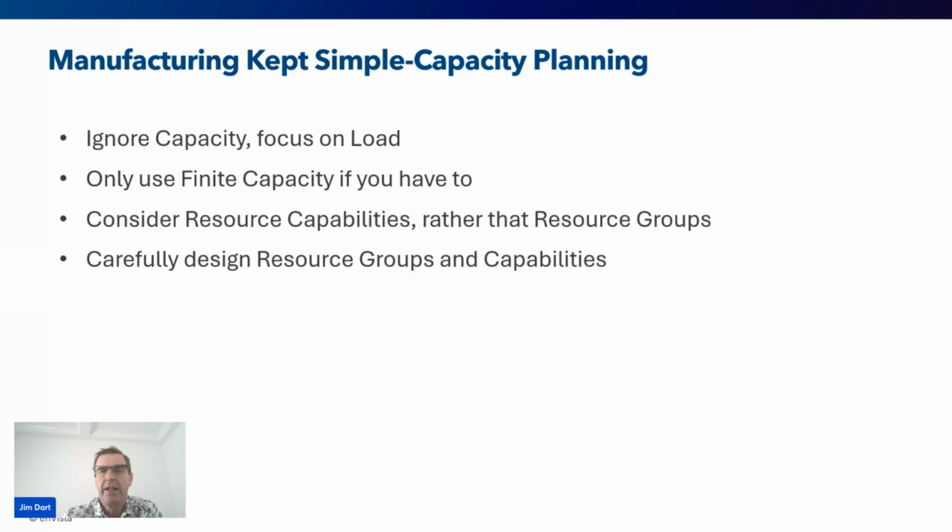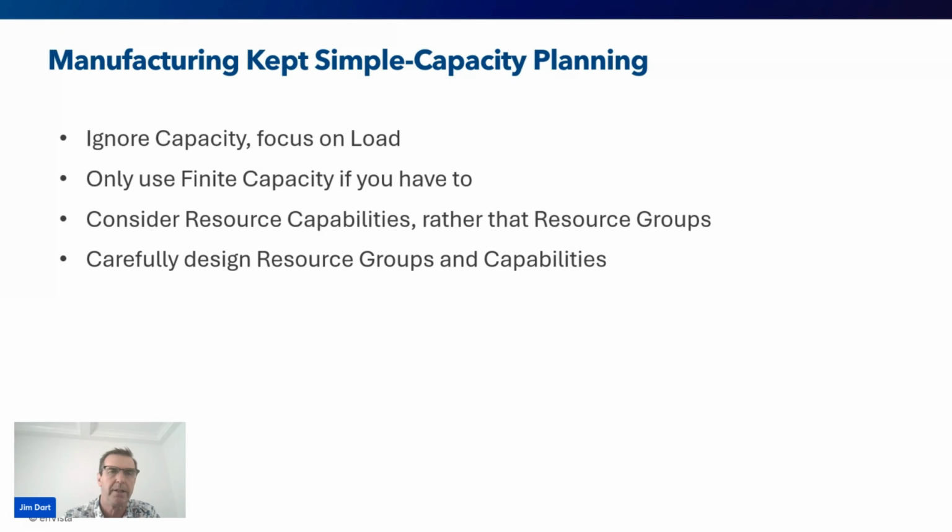It can, again, increase the complexity. I think the point there is only use a finite capacity if you have to. Most folks, anecdotally or through organizational knowledge and experience, have a pretty good idea of what can run through their operations in a particular day or week or month.